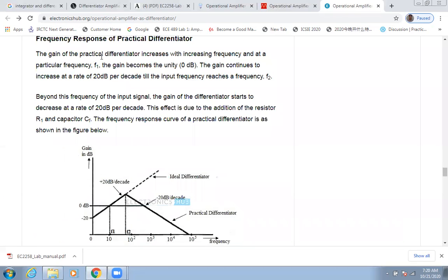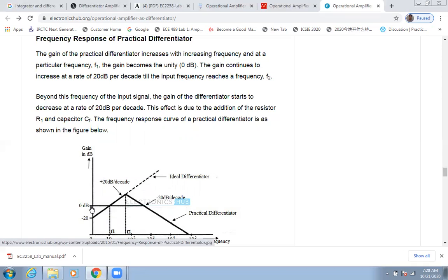The gain of a practical differentiator increases with increase in frequency, and at a particular frequency f1, the gain becomes unity, 0 dB. This is the f1 frequency where the gain is 0.